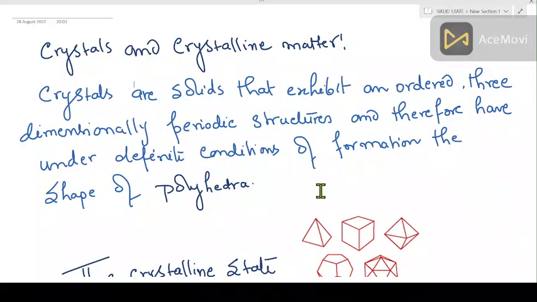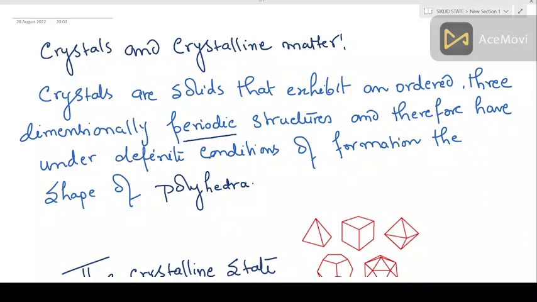So crystals are solids that have an ordered, three-dimensionally periodic structure, and the most important term is this word periodic. This periodic word defines the whole topic of X-ray diffraction crystallography, geometrical diffraction, geometrical structures, and they have definite conditions of formation.